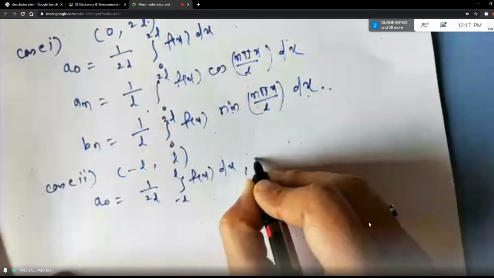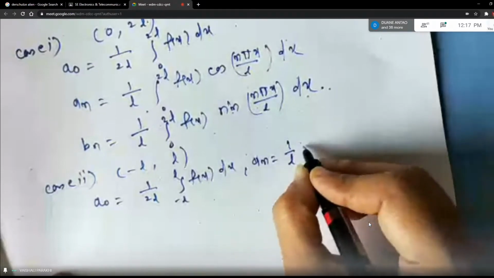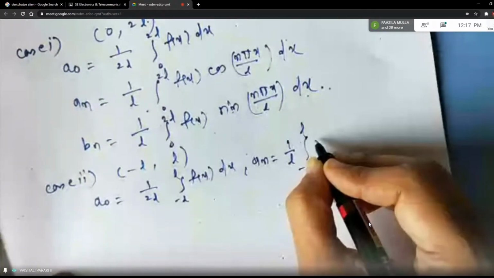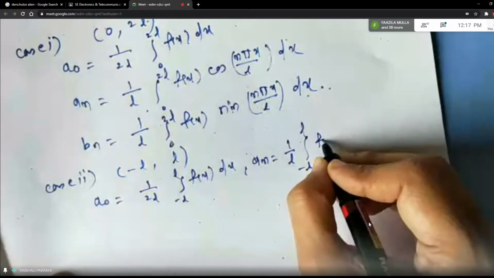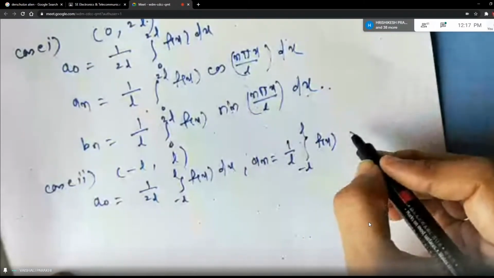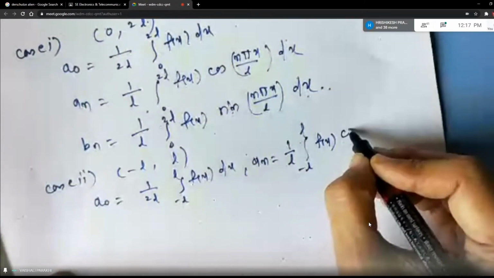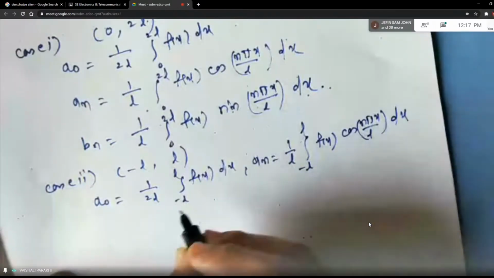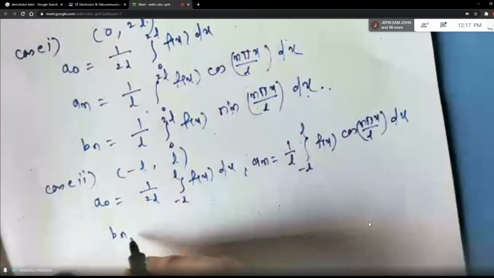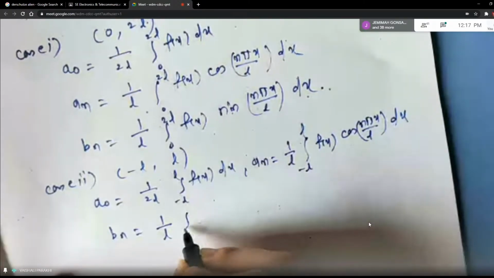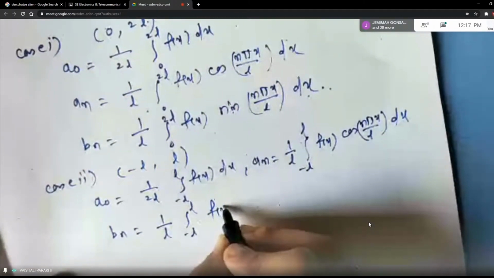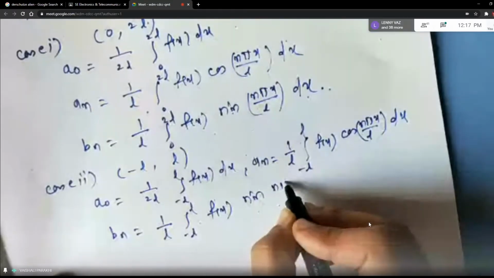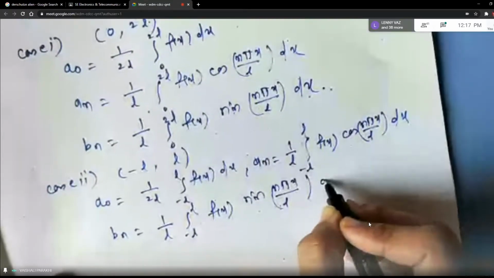Then what is the An formula here? 1 by L, minus L to plus L, f of x cos of n pi x by L dx. And then the Bn formula is 1 by L, minus L to plus L, f of x sin of n pi x by L dx.